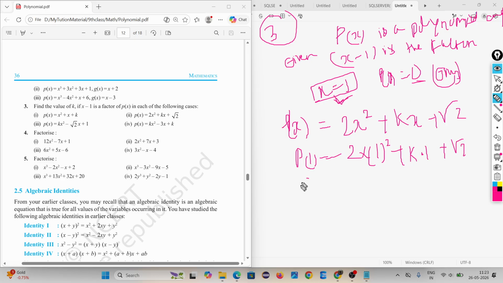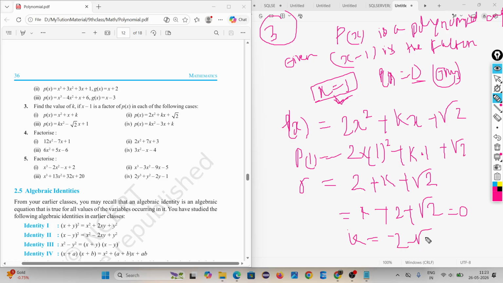P of 1 is 0, because x minus 1 is the factor. 2 plus k plus root 2. So here look, k plus 2 plus root 2. It can never be added because they are different, equal to 0. K equal to minus 2 minus root 2. Okay. Okay, sir.